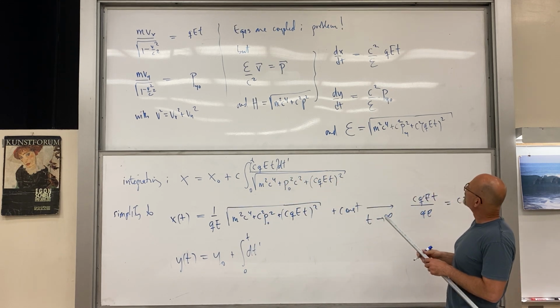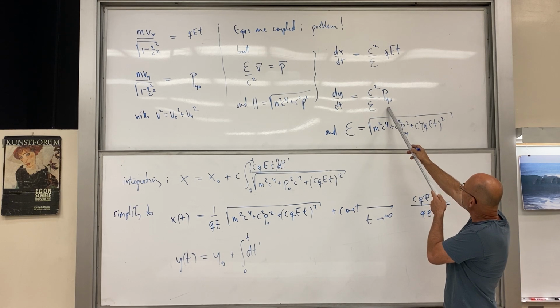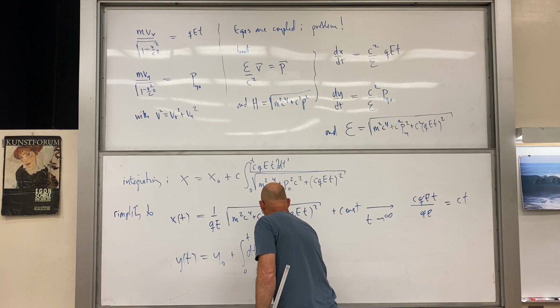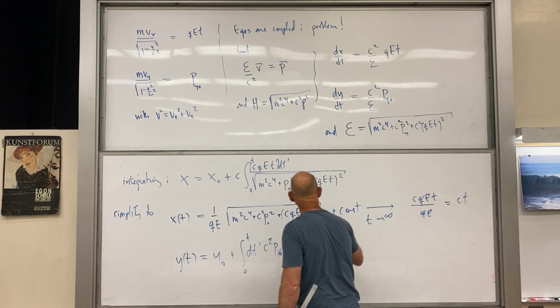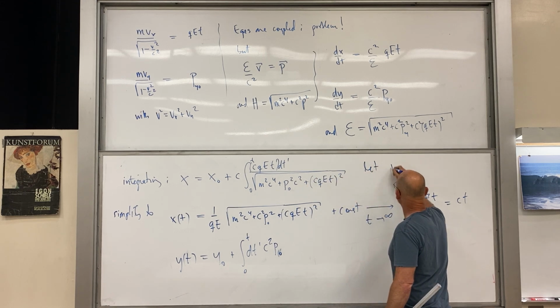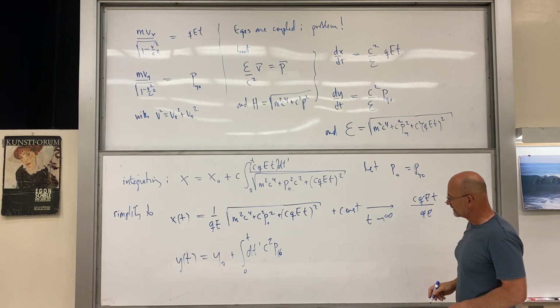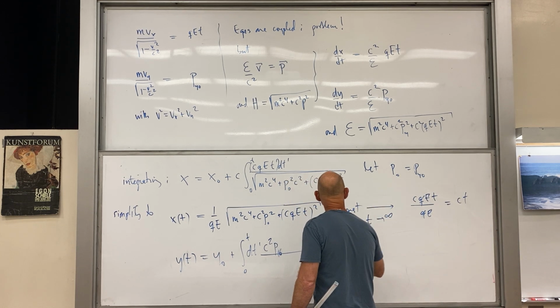And then we have to use this expression here, c squared p, well, I'm calling it p0 now. Let p0 equal py0. And this expression here.